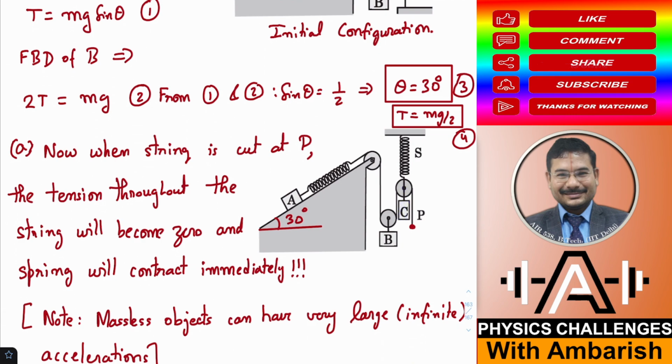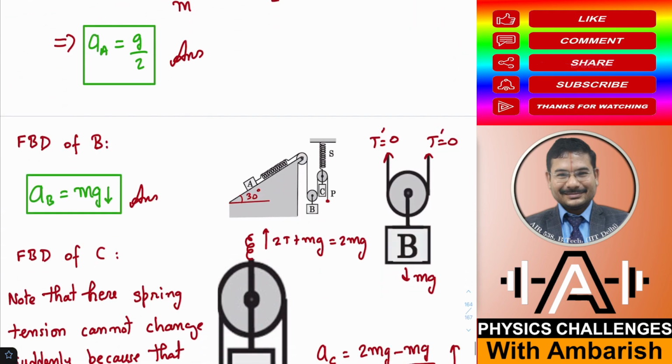Which is not possible because the spring is offering only finite forces. So this spring is not going to contract all of a sudden; it is going to retain its tension. Whatever the tension was before cutting the string at point P, the same will be the tension immediately after cutting the string, because this cannot contract all of a sudden, otherwise C will have to have infinite acceleration, right? So this tension is retained.